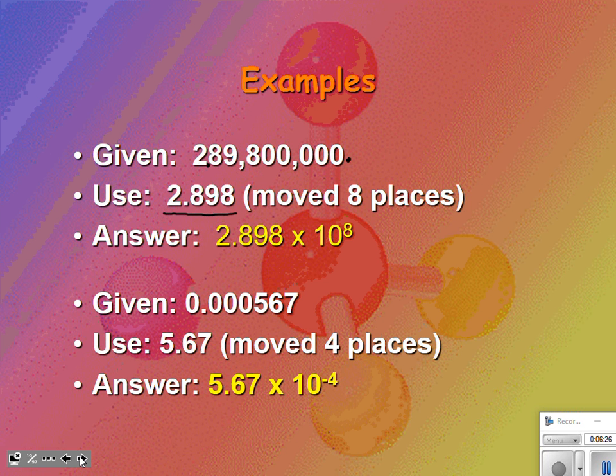Now I need to determine how many places that I jumped that. So I just look at it and I go like this. I count 1, 2, 3, 4, 5, 6, 7, and 8. So I moved it 8 places. Therefore, my exponent is 10 to the 8th. Why positive 8? Because that number is greater than 1.